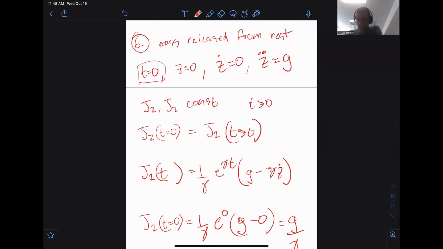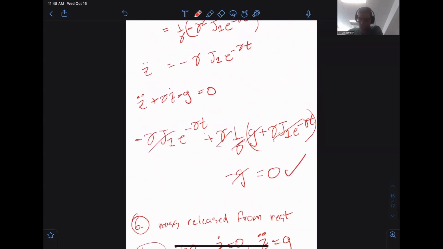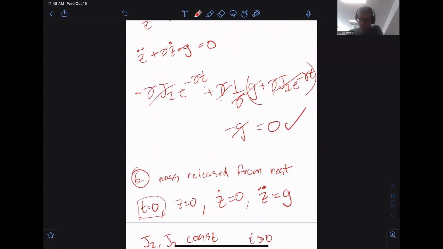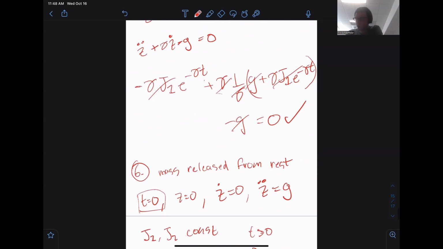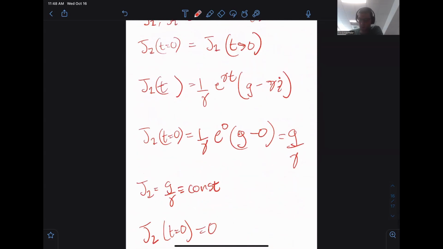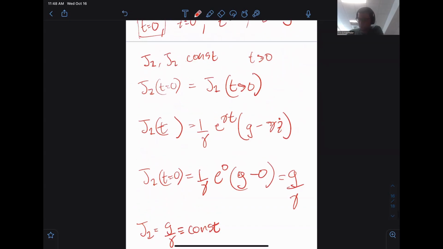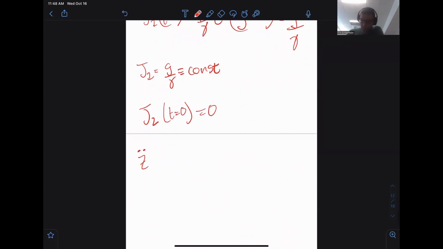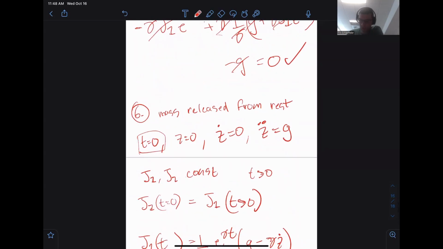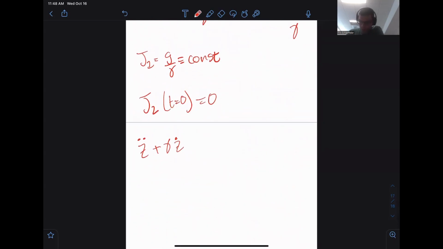And okay, I'm not sure if we actually had to do all that, because we already know that when the sphere reaches terminal velocity, z double dot is equal to 0. So actually we could have just used the equation of motion, gamma z dot minus g is equal to 0.